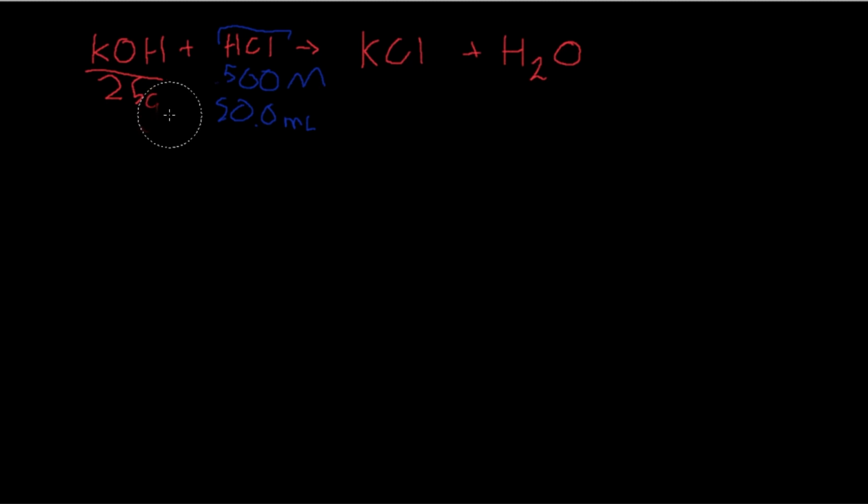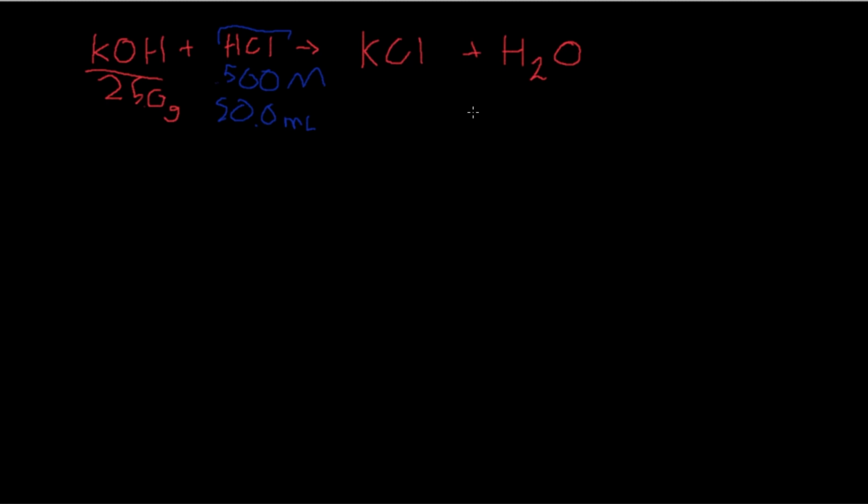So that means the potassium hydroxide needs to be changed to 25.0 grams. All right, so we're going to figure out which one runs out first, just like we did with the other one, and how much of the leftover one we'll have.